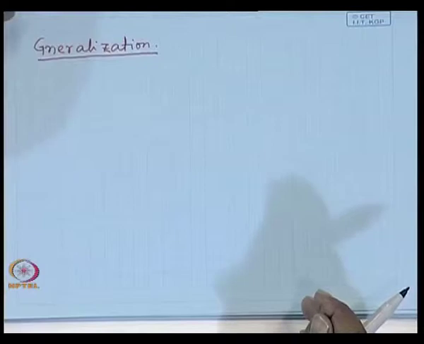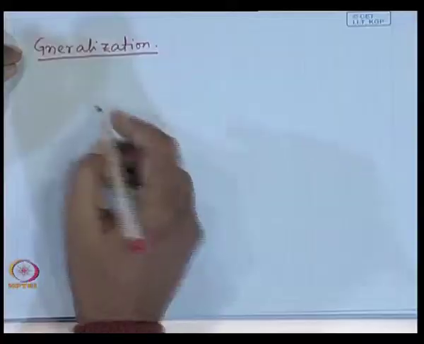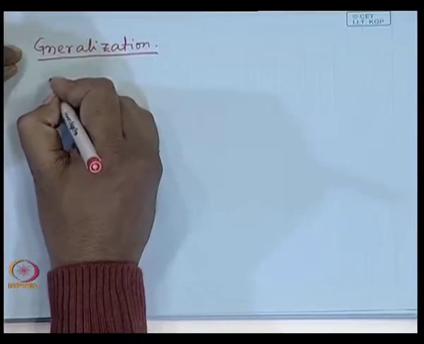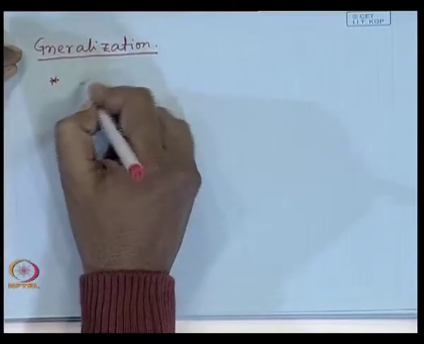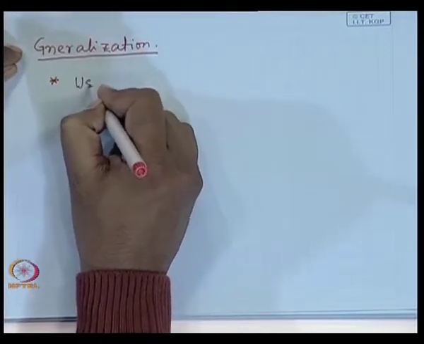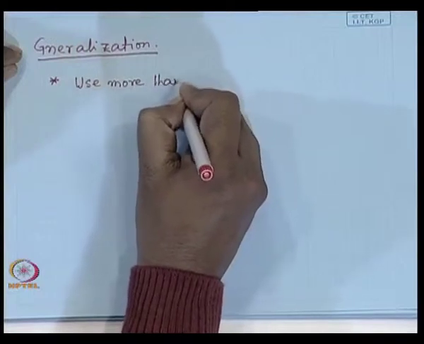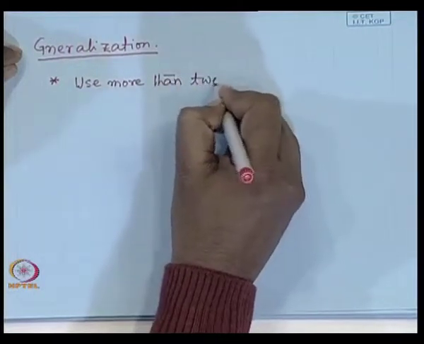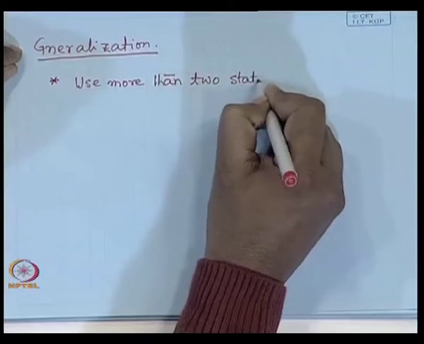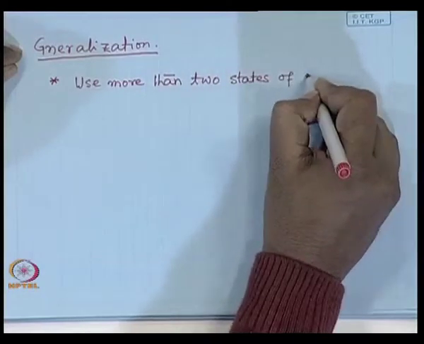So, instead of classes, let us call it the states of nature. Earlier, in the example that we have taken, there are only two states of nature. Now, we can generalize it to having multiple states of nature. So, the first generalization is like this: use more than two states of nature.